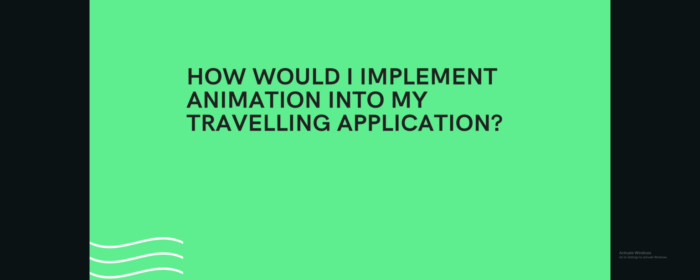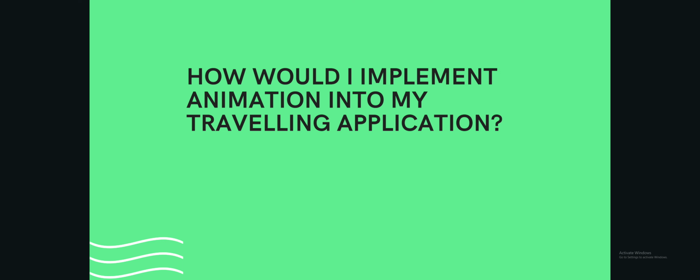So how would I implement my animation into, say, my traveling app that I recently made? Well, for the navigation transition between the quiz questions in my traveling app, I think it'd be suitable to implement some type of animation, such as a view sliding animation or a fade out and in animation.